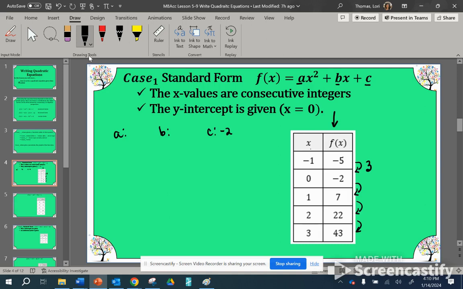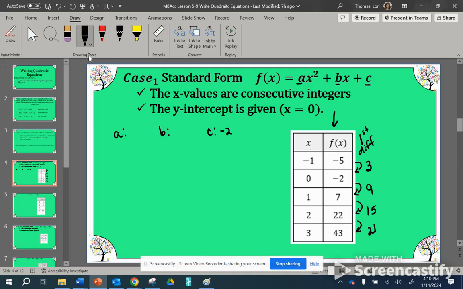Then from -2 to 7 is an increase of 9. 7 to 22 is an increase of 15. And from 22 to 43 is an increase of 21. This is called the first difference. We're just taking the differences of the outputs the first round.